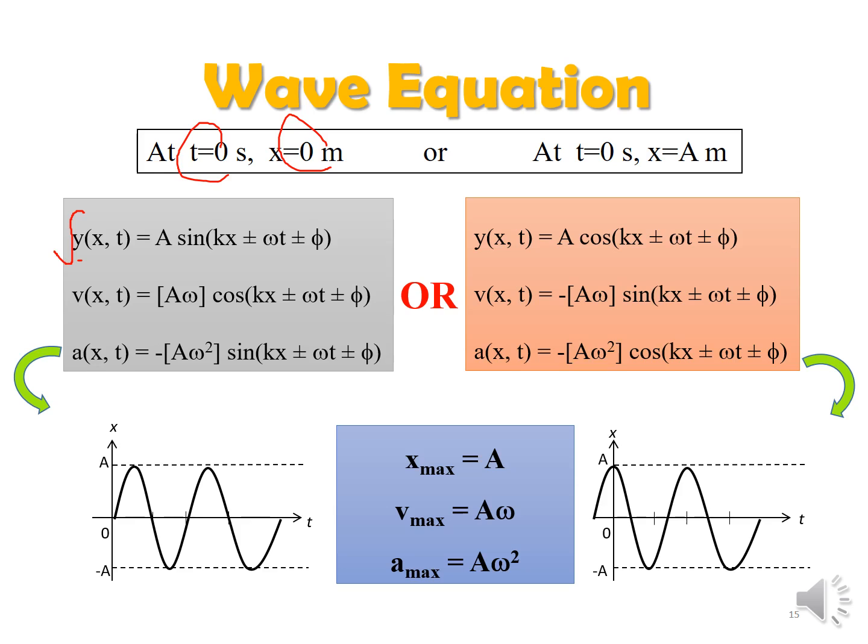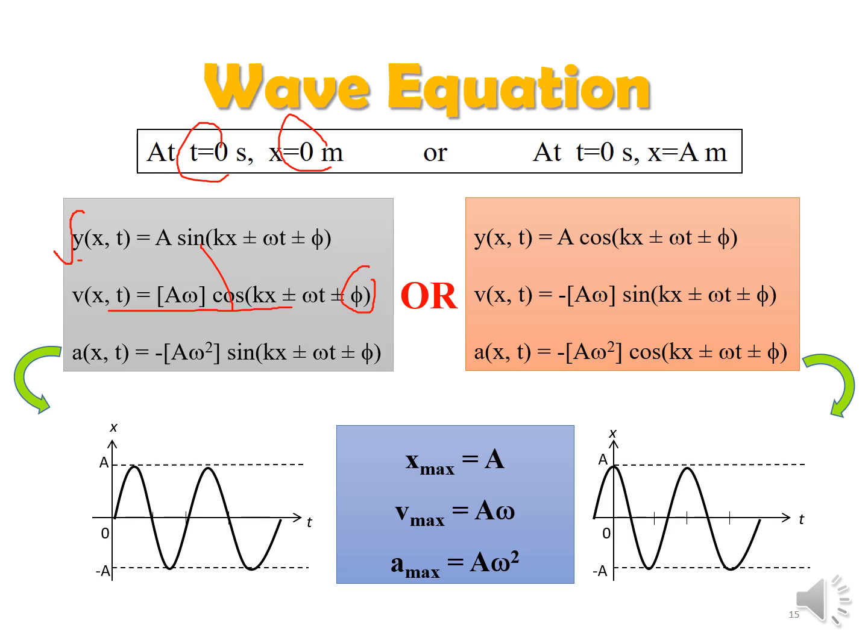If the question asks for the velocity, we differentiate the equation of displacement, so we can find v. You have already learned how to get this equation in part 1, if I'm not mistaken. So we get A omega, with sine changing to cos, kx plus or minus omega t plus or minus psi.